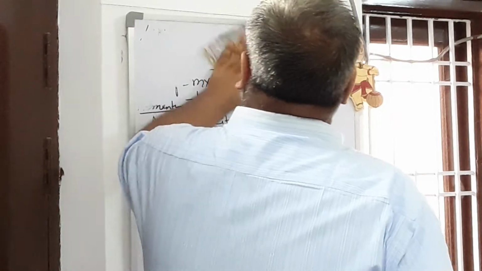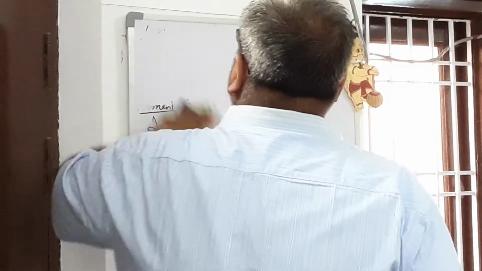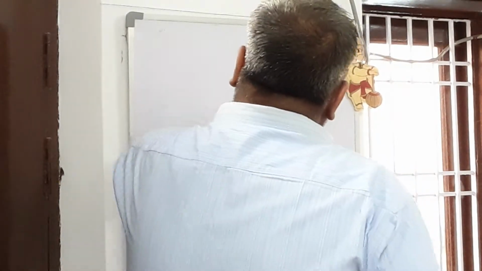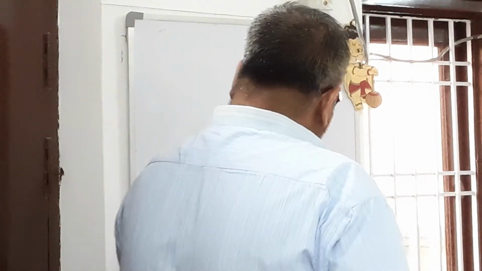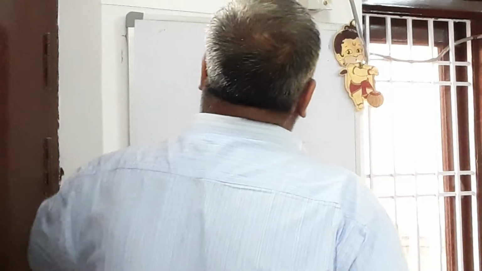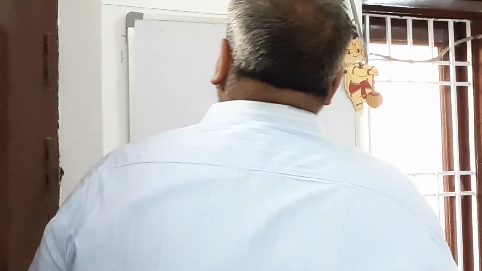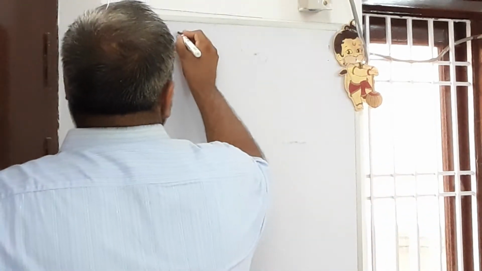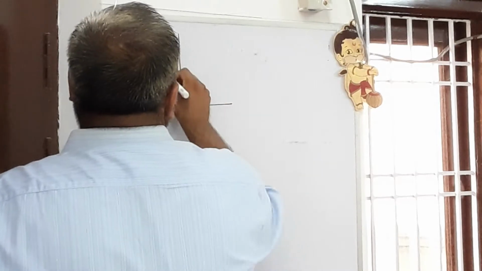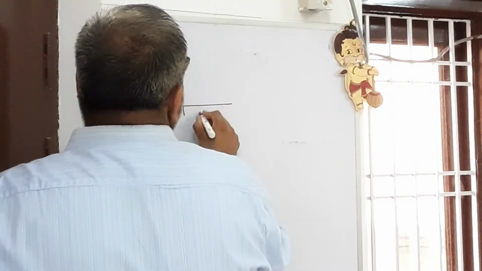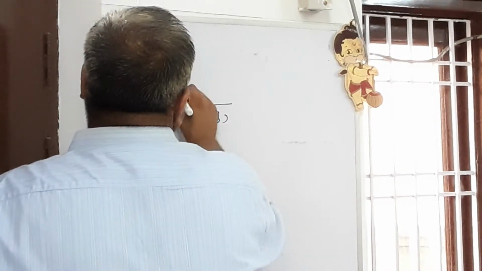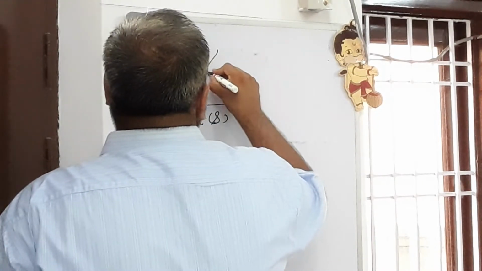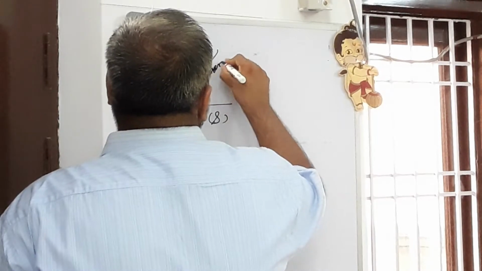When we plot a graph between acceleration and time, it gives a constant that is equal to the mass.